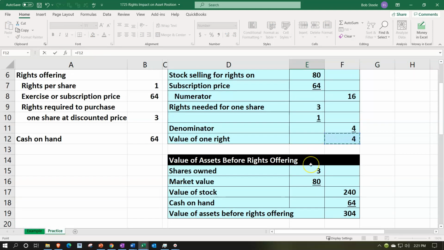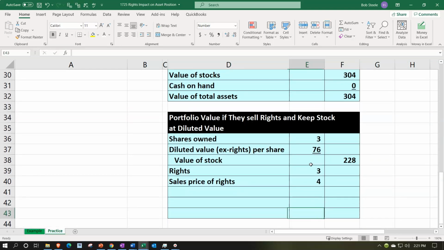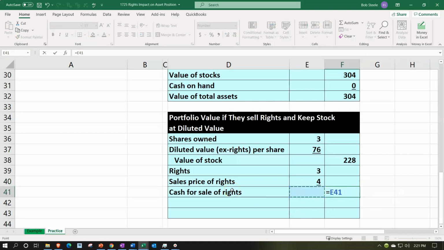So the value of one right is 4. We're going to underline that by going to the font group and underlining that. That's going to give us the cash for the rights. So we can sell those, or possibly that would be the value provided for us if we let them lapse, and that's going to be 12, which could be called the nil paid price, or if we sell them. And so I'm going to indent that.